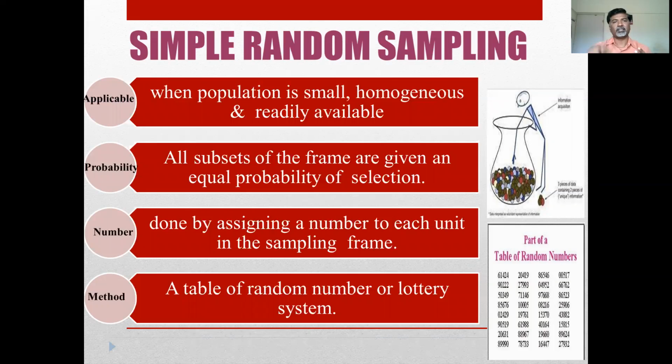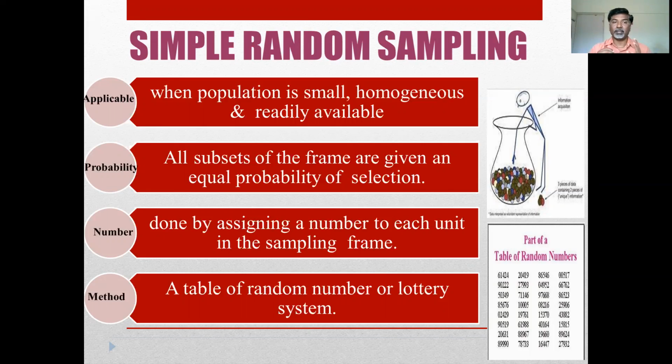Just randomly we select the members from the available frame as respondents. What is the probability in simple random sampling? All subsets of the frame are given an equal probability. Means all members from the universe have equal probability to get selected as a member of the sample.